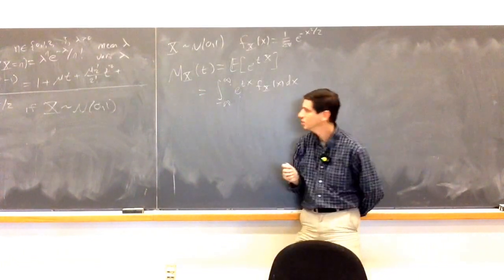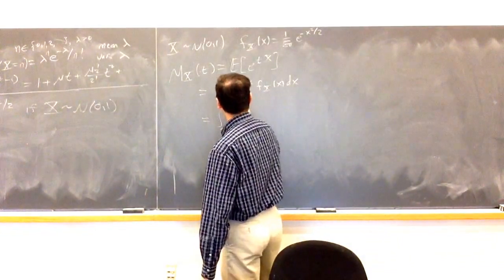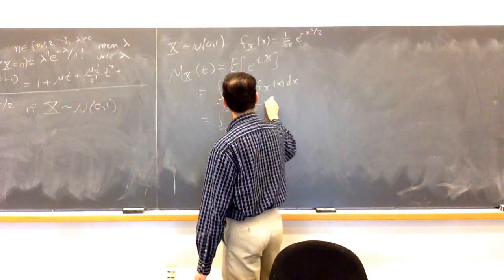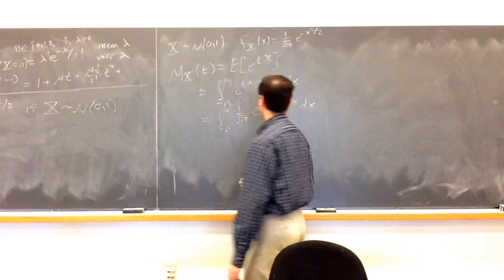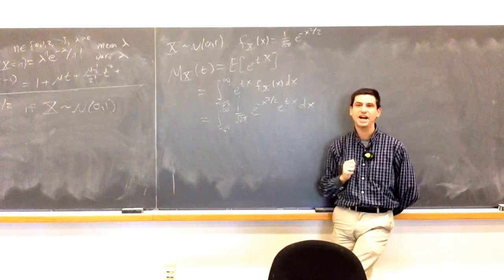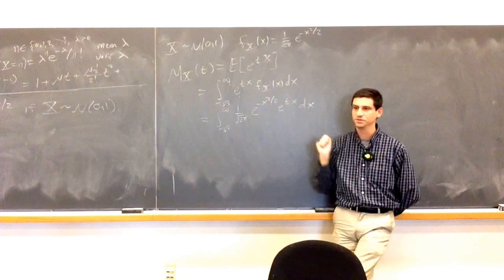this is going to converge. So if we try to do the integral, we have the integral from minus infinity to infinity of 1 over square root of 2 pi e to the negative x squared over 2 e to the tx dx. So I'm trying to write this in a certain way to highlight what we should do next. Any thoughts on what we should do?